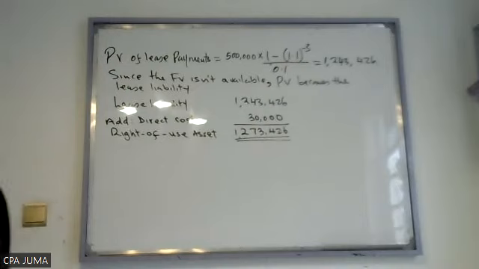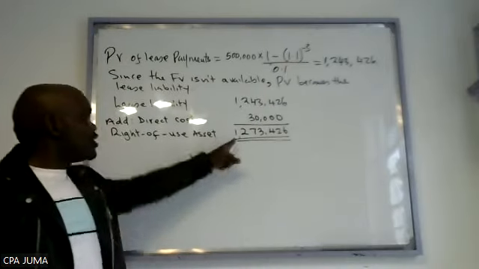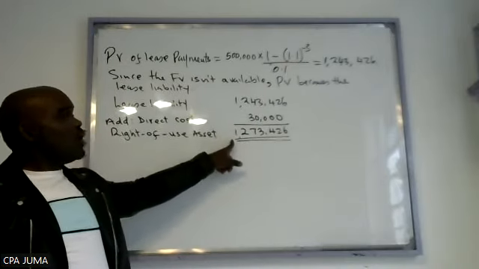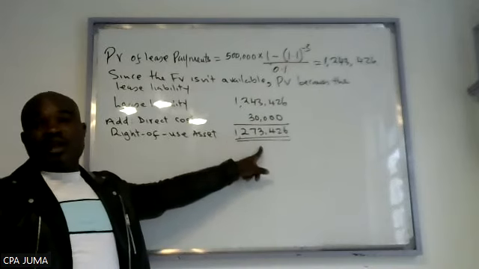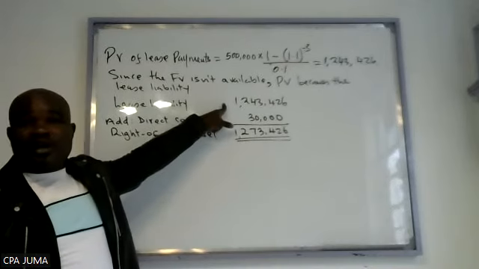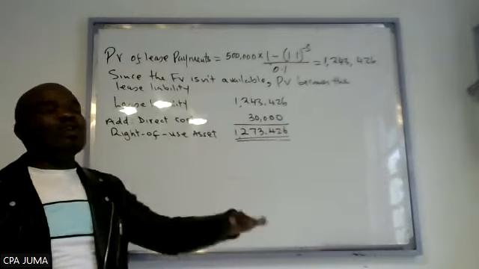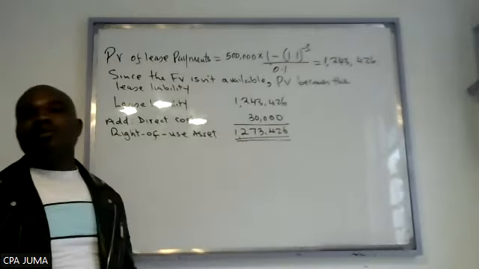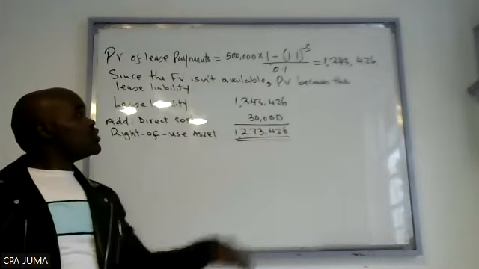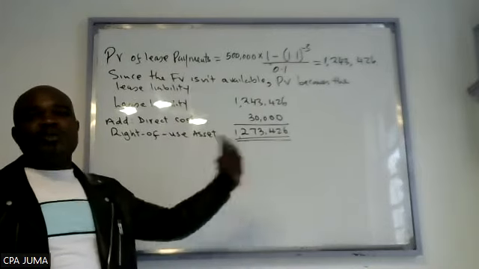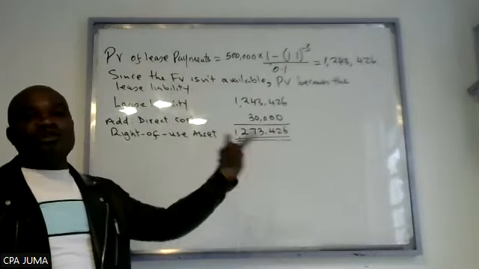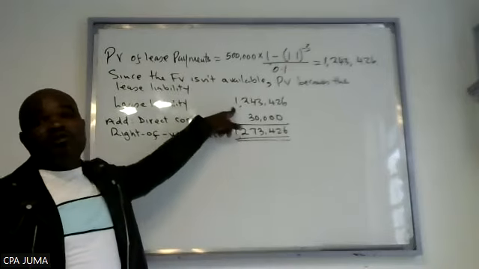But for amortization, we don't amortize the 1,273. We amortize the 1,243. Because what is amortization? As you pay, you reduce. But you see, 30 has already been paid initially, and you don't amortize what has been paid. You amortize the outstanding, which is 1,243.